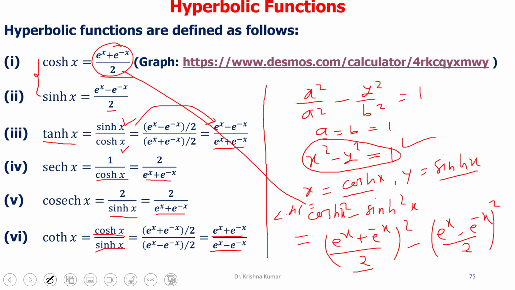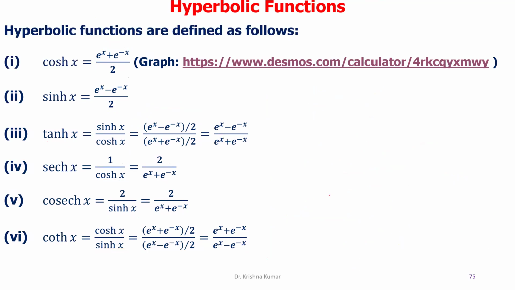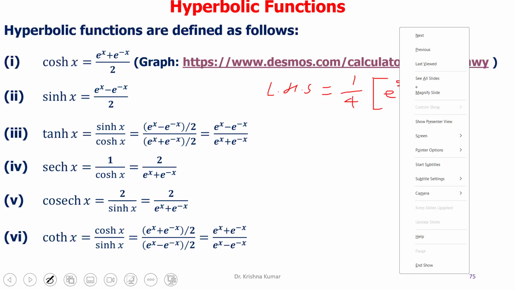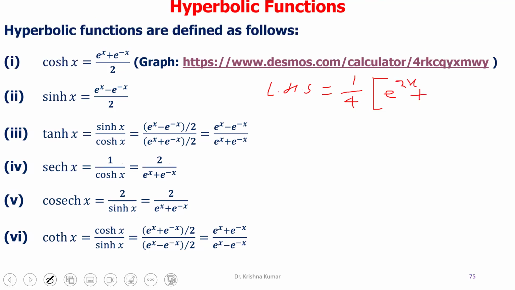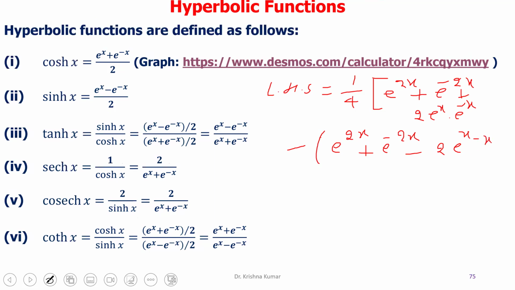We can take it outside. So we have the left hand side equal to 1 upon 4, e to the power 2x plus e to the power minus 2x plus 2 e to the power x into e to the power minus x, minus e to the power 2x plus e to the power minus 2x minus 2 e to the power x e to the power minus x.